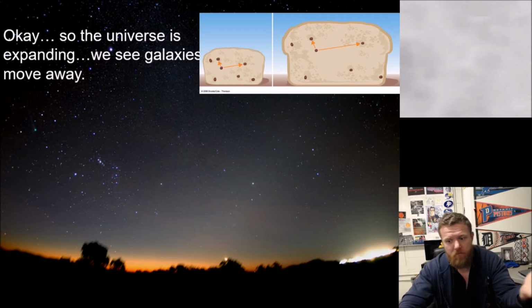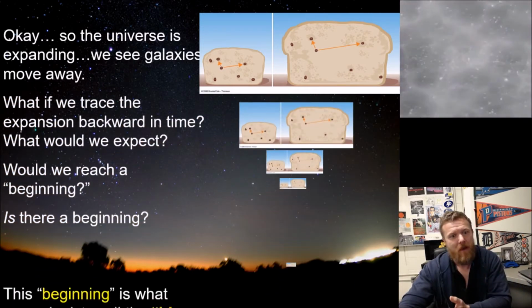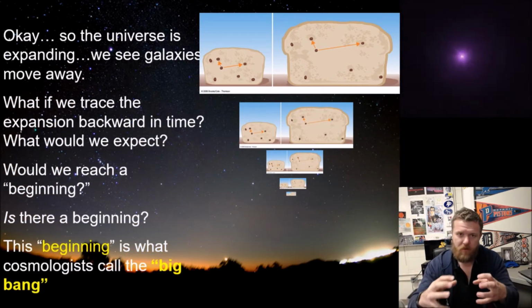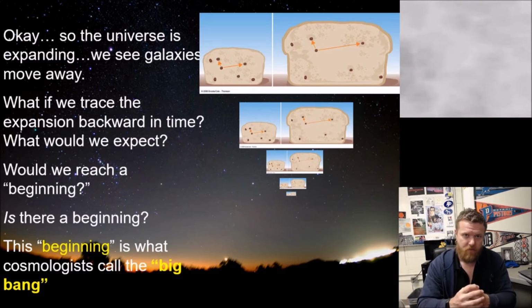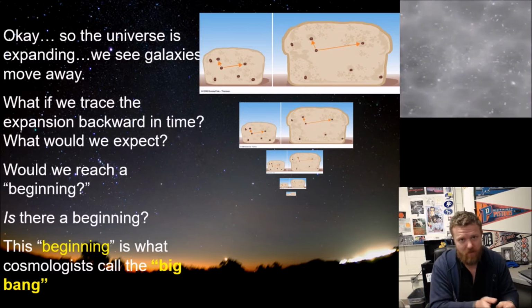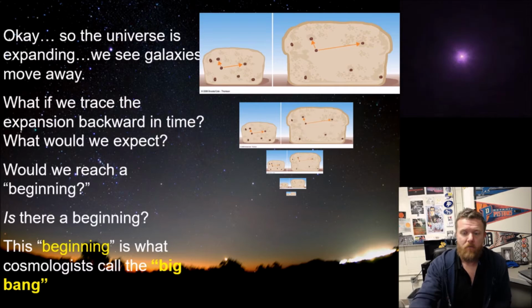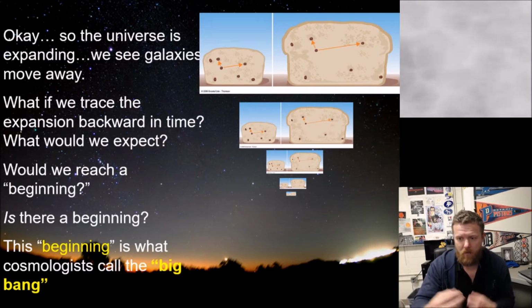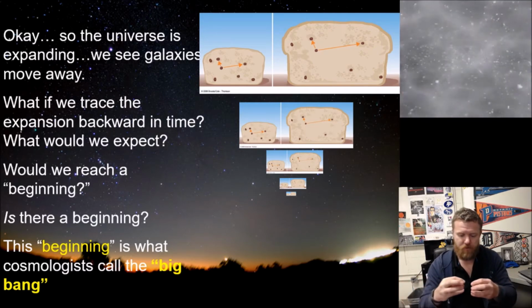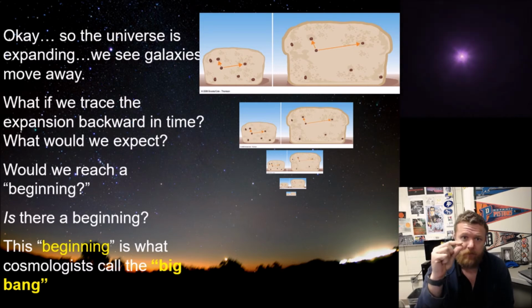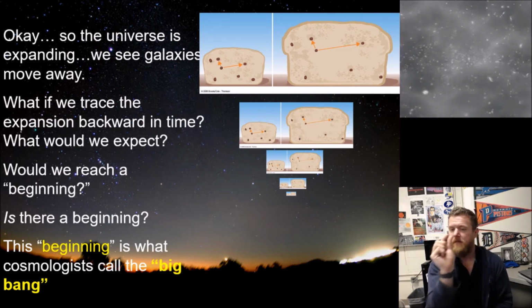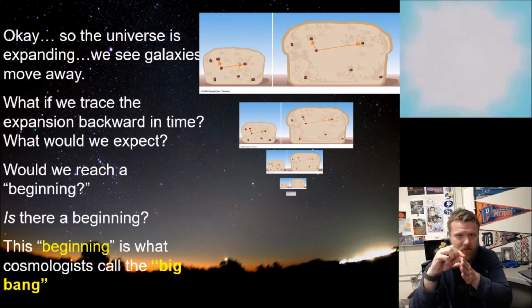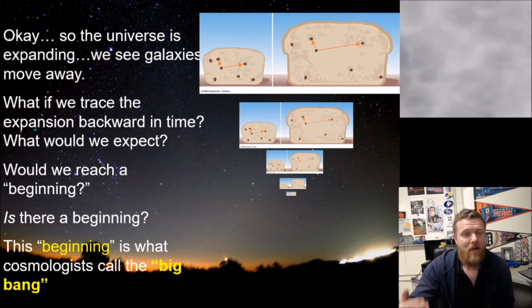So just by running the clock backwards, the universe is going to shrink and shrink and shrink. And if you run it back far enough, you're going to reach a beginning where all of the matter that's in our universe was closer in a single spot. And when everything gets to that single spot, whatever time that is, that is what we refer to as the Big Bang.